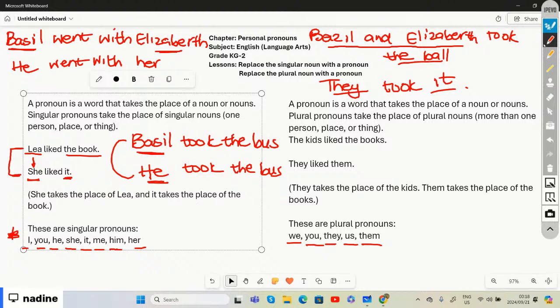Me, him or her. That is singular pronouns. And then we have plural pronouns, which refer to we, more than one person, you, more than one person. If you're referring to people standing over there, you can say they, more than one person, us or them. That is plural pronouns, right?